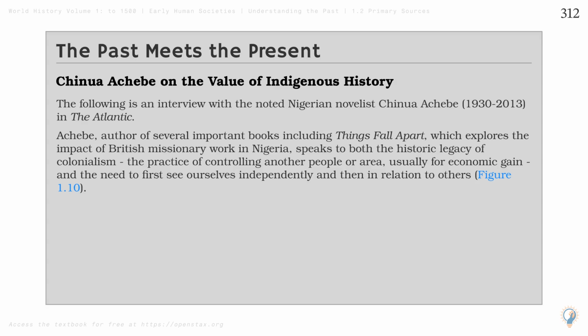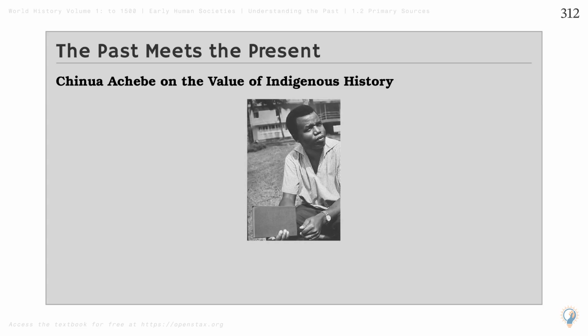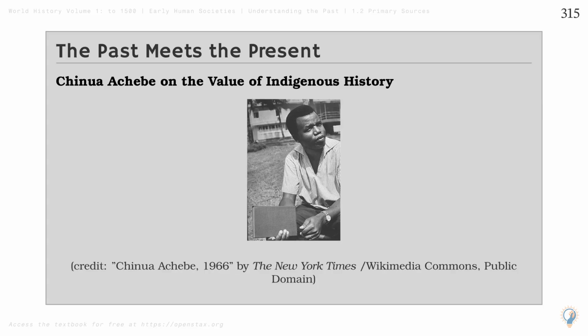Figure 1.10 Chinua Achebe. This is a photo of the young Chinua Achebe in Lagos, Nigeria, in 1966. Credit: Chinua Achebe, 1966 by the New York Times / Wikimedia Commons Public Domain.